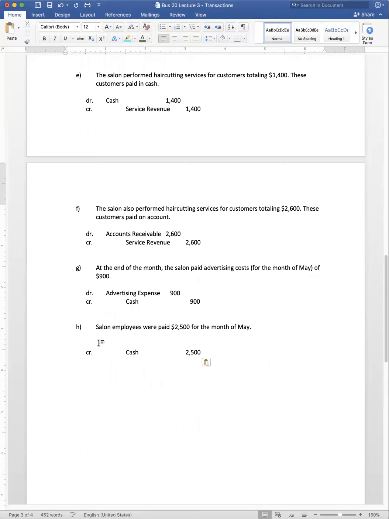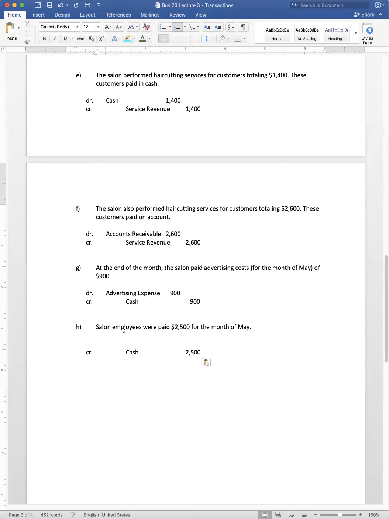All right, so what's going to get debited? What were they paying for? They were paying for their employees, so that means they're paying salaries. Now, have we used up the benefit of those salaries? Well, we talked about this last time. Generally, employees are paid after they do the work.